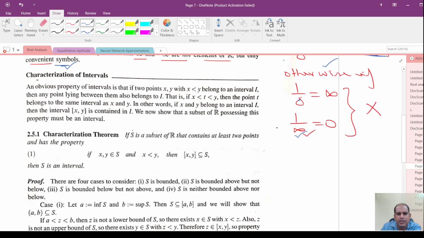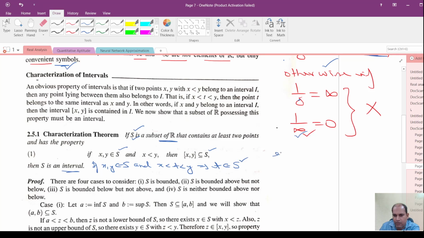If we are claiming that S is a subset of R and it is an interval, then it has the property that whenever x, y belong to the set S with x less than y, then the whole ray from x to y has to be contained in the set S. Or in other words, if x, y belong to the set S and there is a real number t such that x is less than t is less than y, this implies t should also be in the set S, which we are claiming to be an interval.